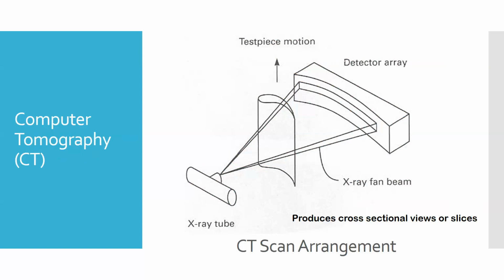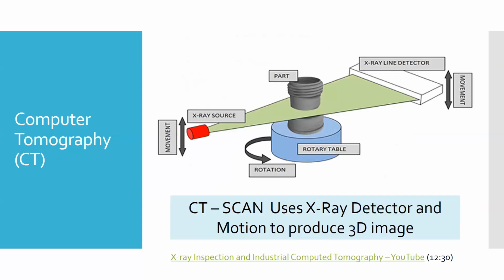Or a 3D representation. Another version of this, here's another sweeping type X-ray source, sweeping left and right. You have a linear detector, and now not only can you move the detector and the X-ray source up and down, but the part itself can be rotated to look at it from different angles.